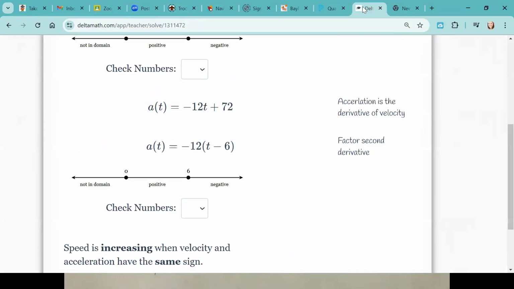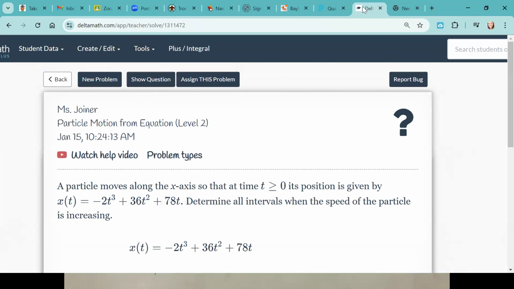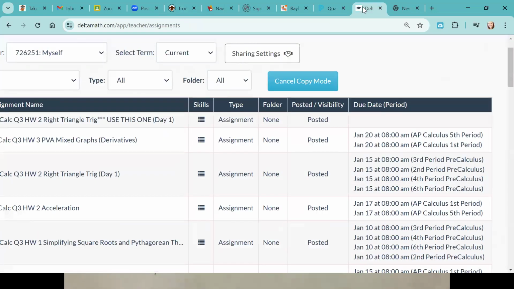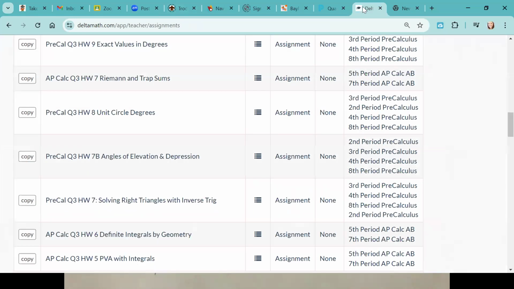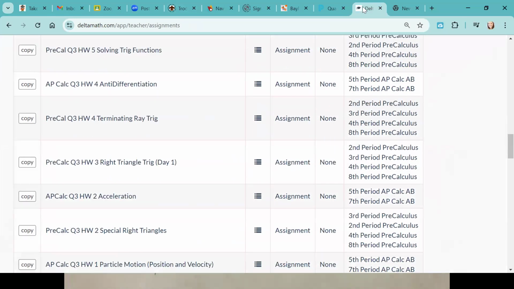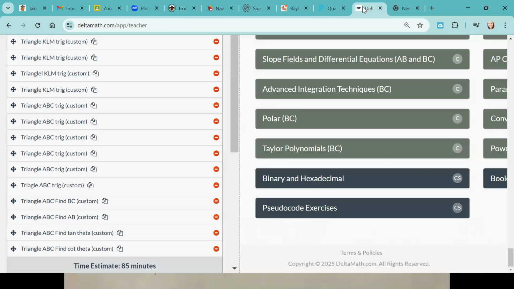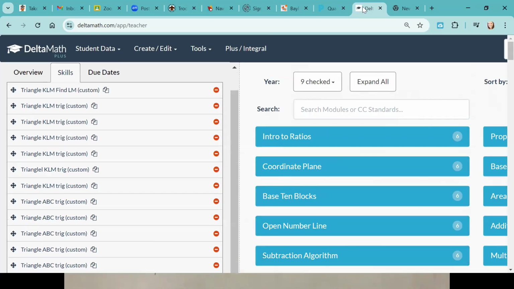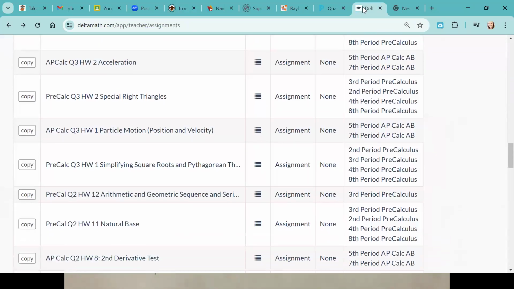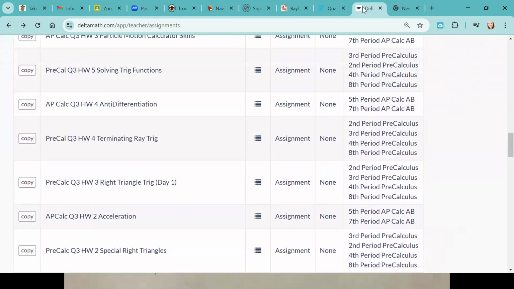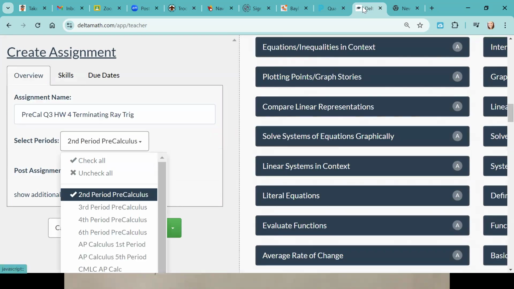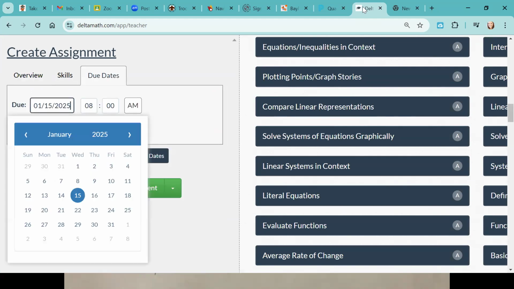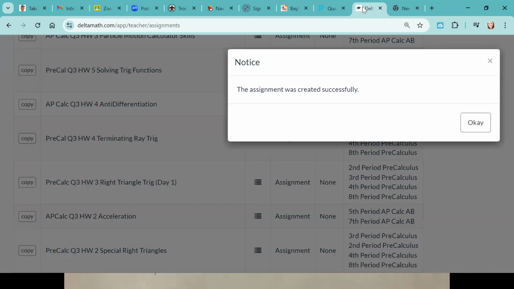And then I have to show y'all your homework. It's still hidden, so give me one second if you're already in it. Okay, y'all should be able to see it now.